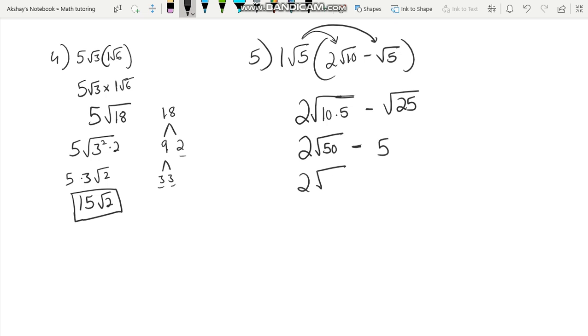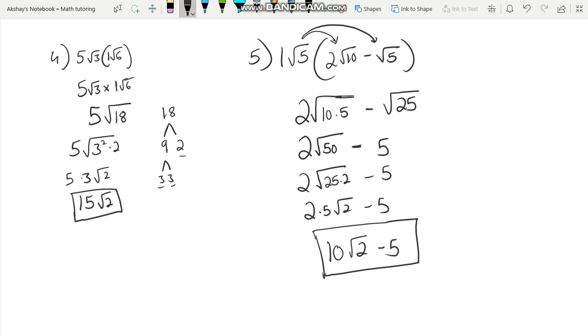The square root of 50 is the square root of 25 times 2, so I have 2 times 5 square root 2 minus 5. 5 times 2 is 10, so I have 10 square root 2 minus 5 as my answer.